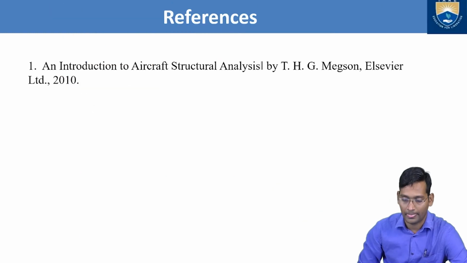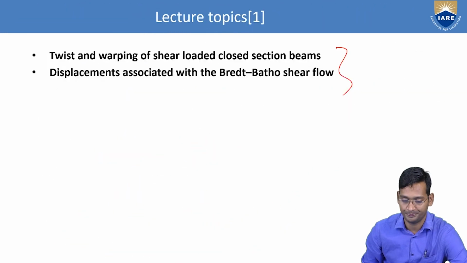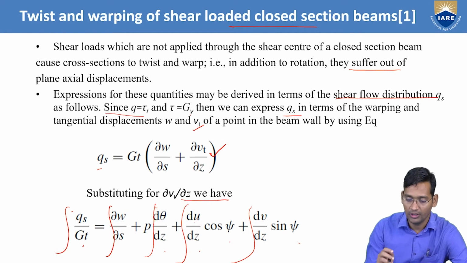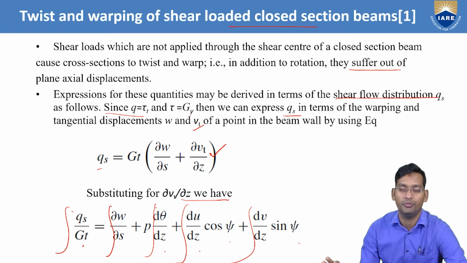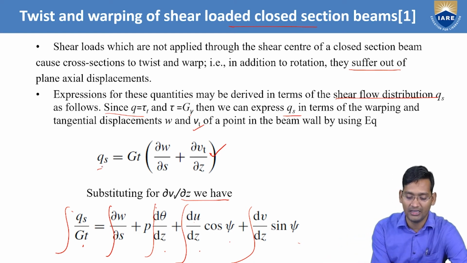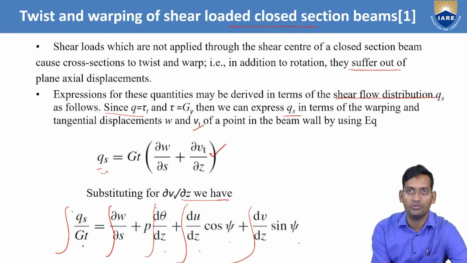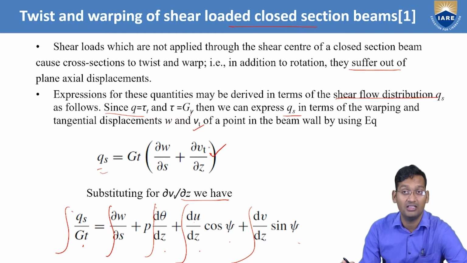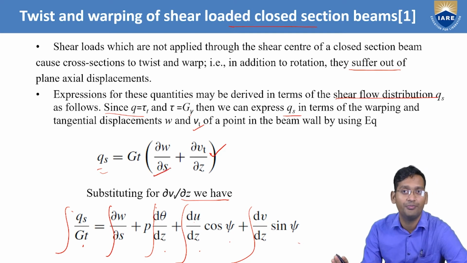Let me recall both once again. The first concept is twisting and warping of a shear loaded closed section beam. We start again with the shear stress distribution formula: qs = Gt(∂w/∂s + ∂vt/∂z). Remember it is a closed beam, that's why the ∂w/∂s term is there.